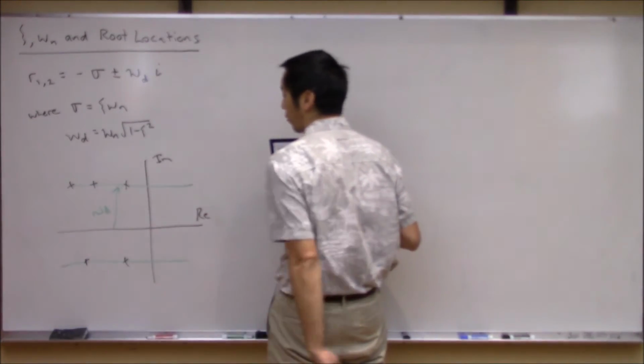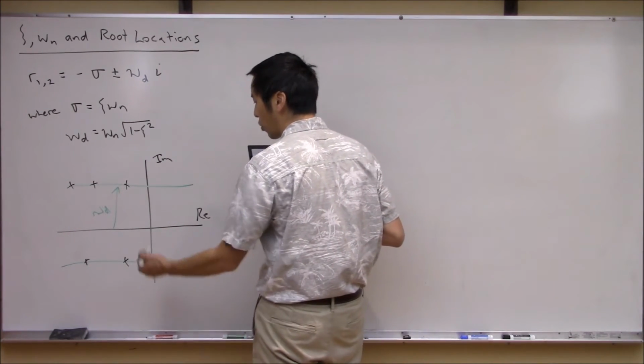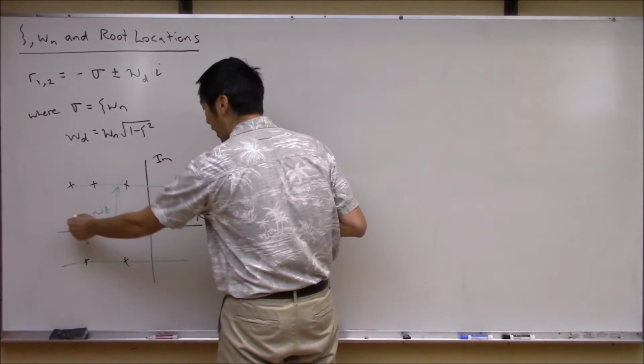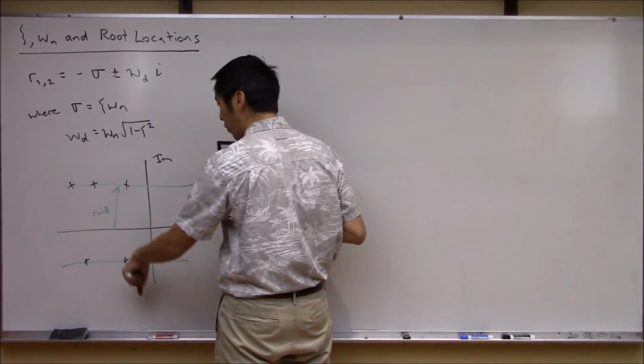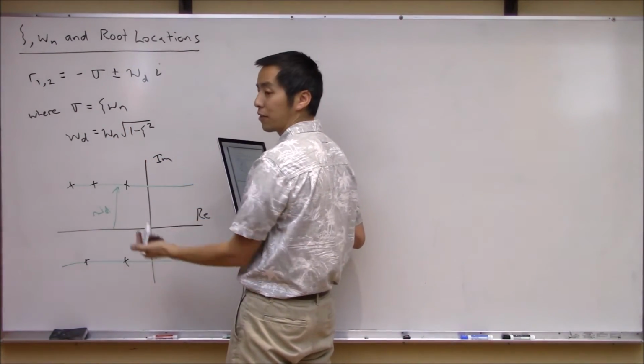I don't even think there's a need to write that down because it's pretty obvious. The farther away you are from this real line, so if you move up or down vertically, that increases the damped natural frequency of your system.